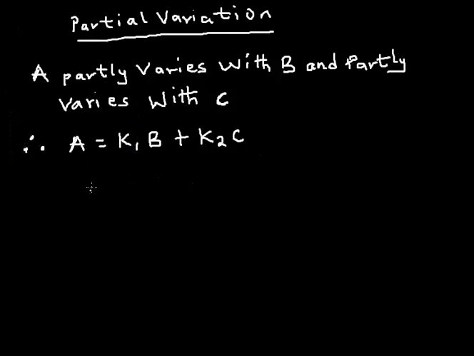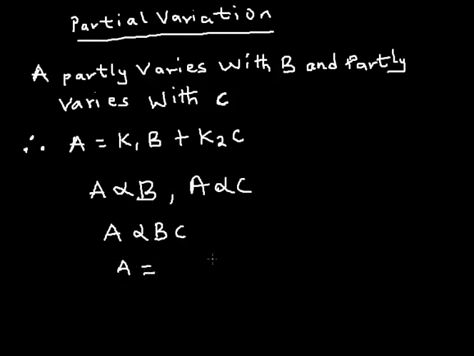For joint variation, let's say A varies jointly with B, and at the same time A varies jointly with C. So for us to connect the two variations, we simply say that A varies with B times C. So I use a multiplication sign, and the constant I'm going to introduce is just one constant for the two variations, but that is not what we have in partial variation.